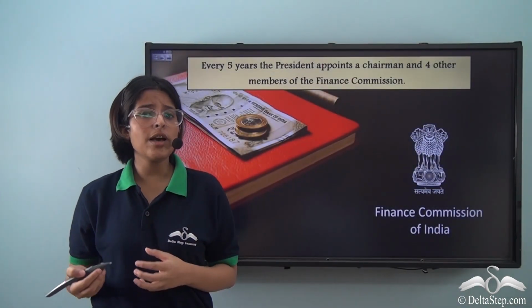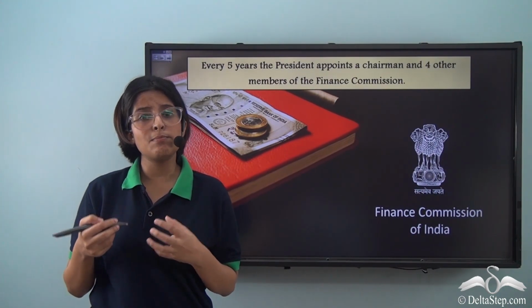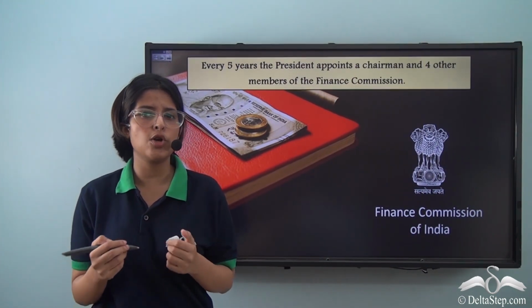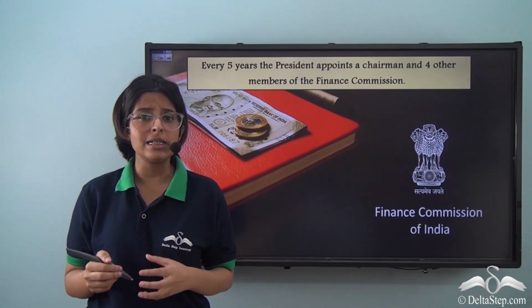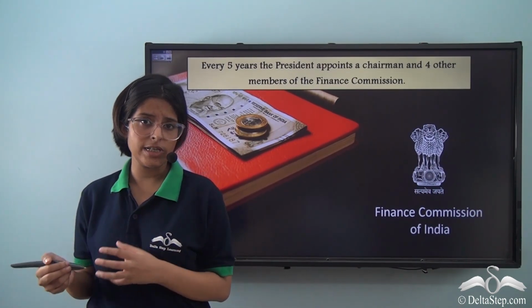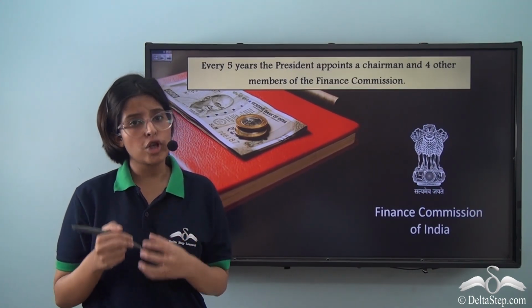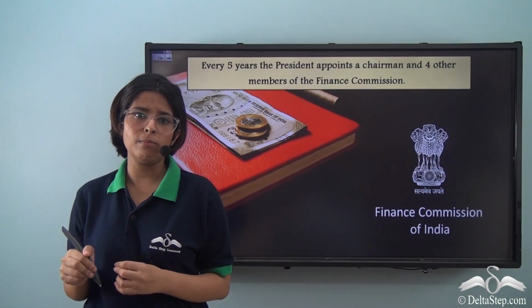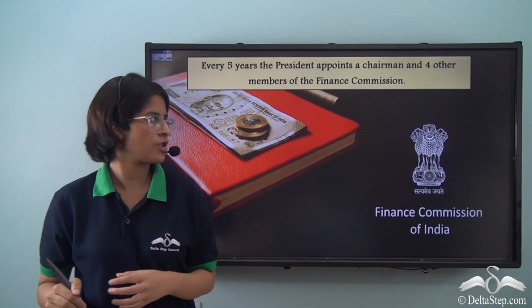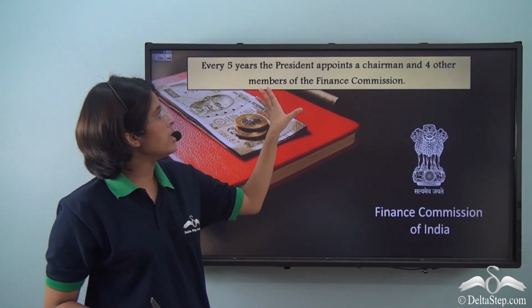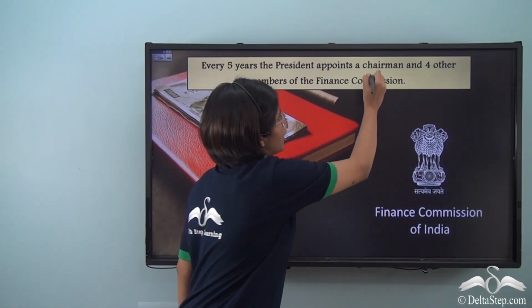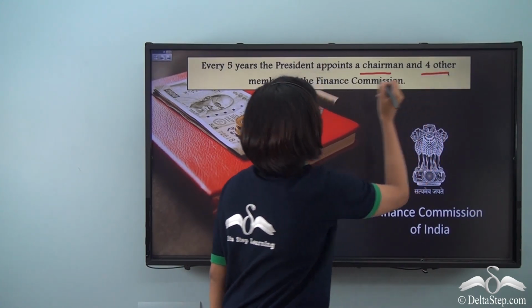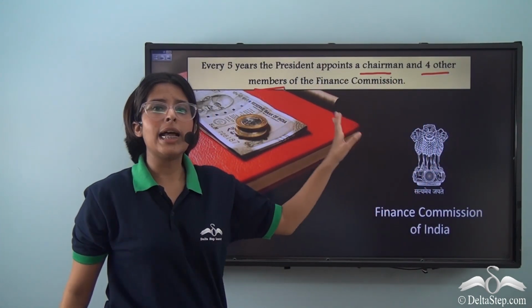But like every other constitutional body, its members have to be changed periodically. So every 5 years, the President appoints a chairman and 4 other members of the Finance Commission.